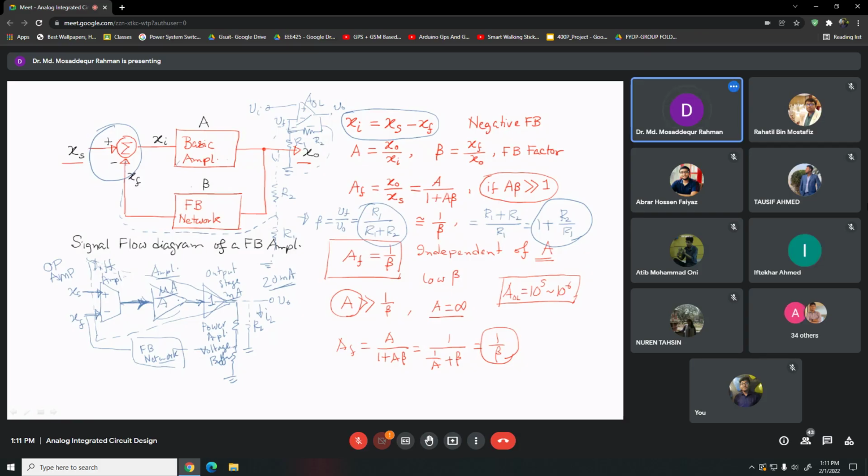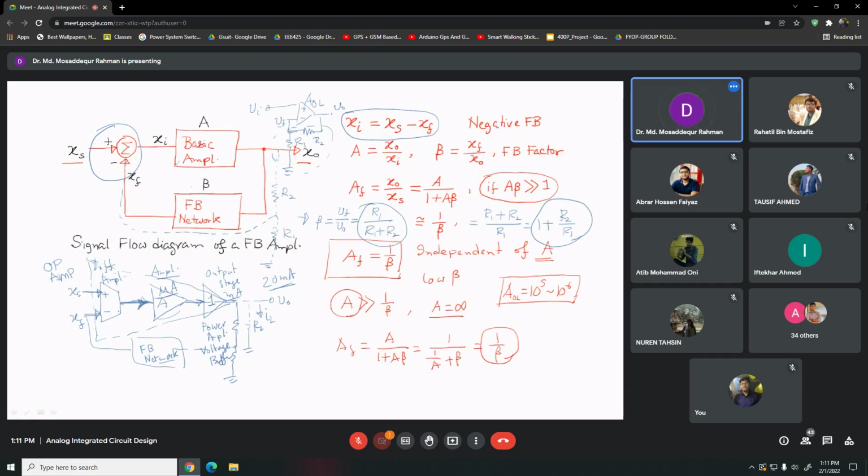So that was the main motivation behind the development of the op-amp. Op-amp was developed in the 1970s. That's almost 50 years back. First they developed this difference amplifier.